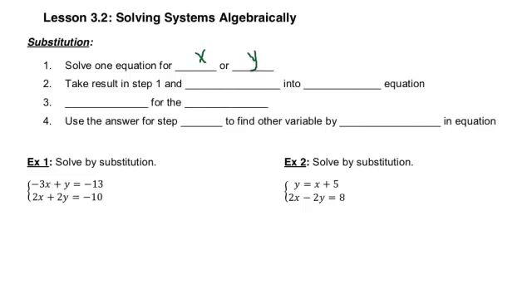So we want a variable by itself on one side of the equation. The second step is to take the result in step 1 and to substitute. That's where this process gets its name from. So we're going to substitute into the other equation. So if we solve one equation for x or y, we're going to substitute that into the other equation. The third step is to solve for the variable.